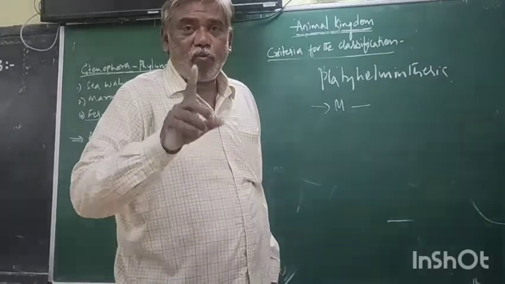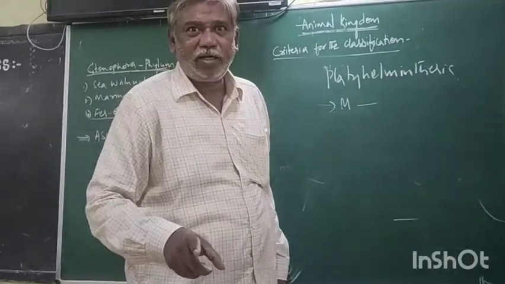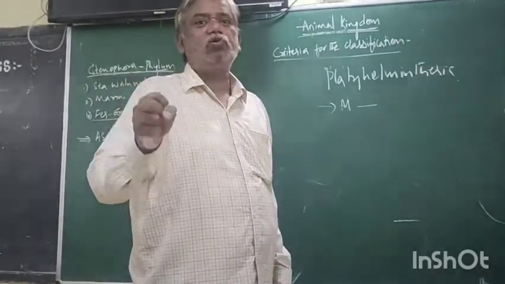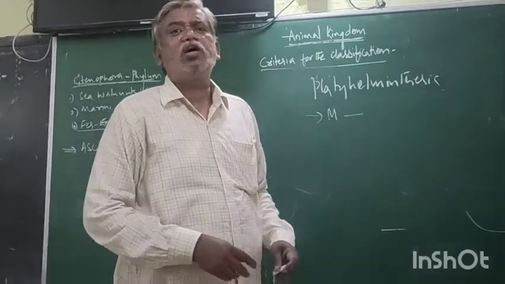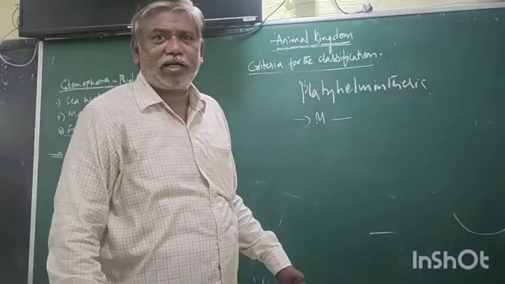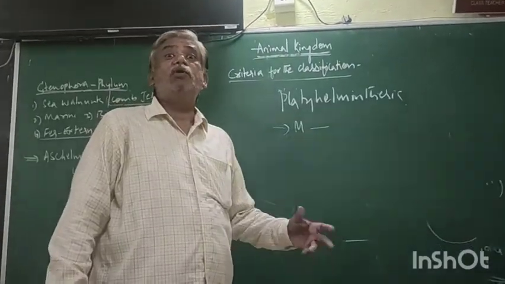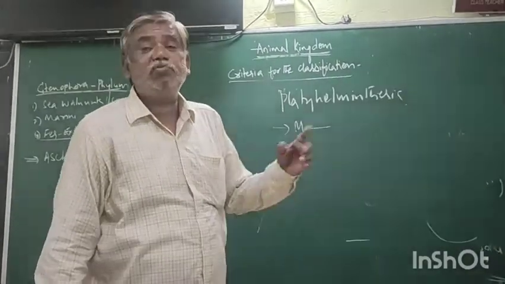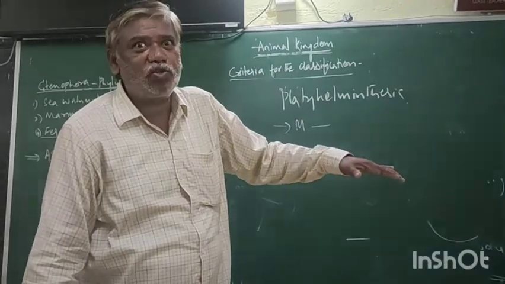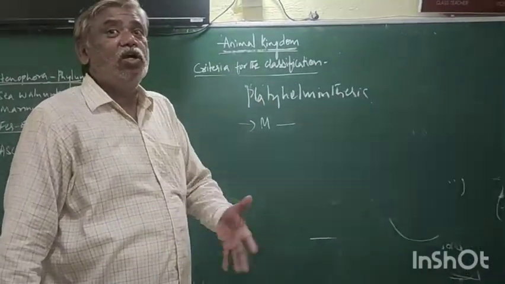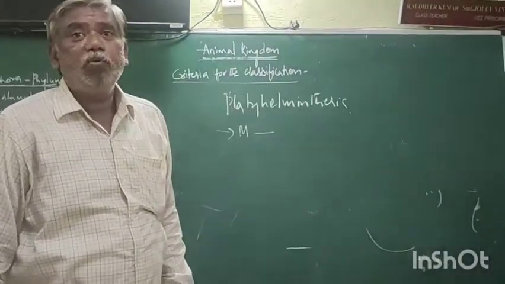So when they want to live in the intestine, they must have some organs of attachment. Name the organs of attachment: suckers and hooks. The reproductive system is well developed because their life cycle has many obstructions. To overcome these obstructions, they produce a maximum number of offspring.